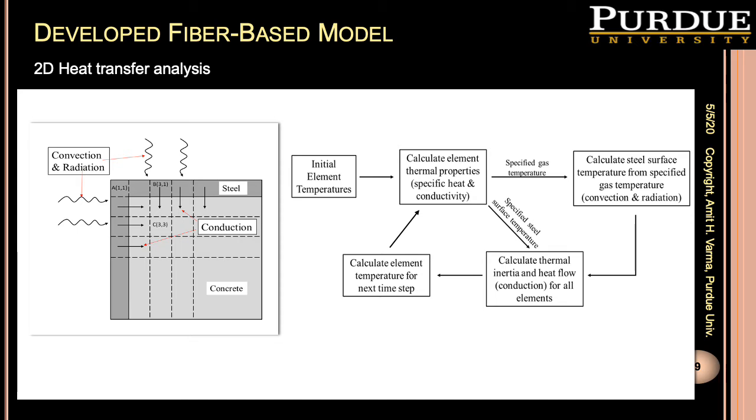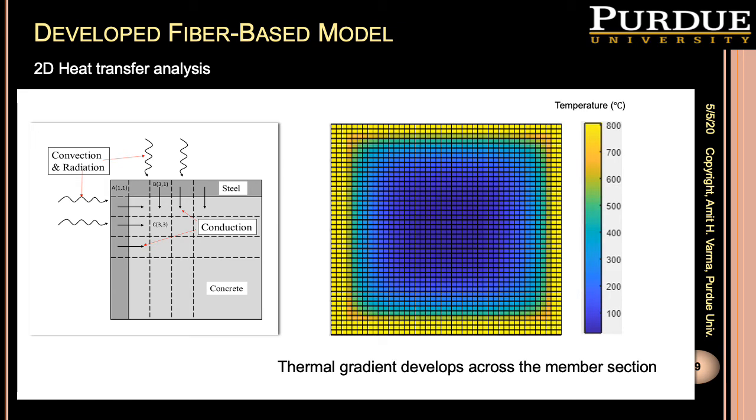After obtaining the surface temperatures, the element's temperature can be calculated based on the thermal inertia and the heat flow for the elements. This figure is showing an example of thermal analysis results for the calculated element's temperature.